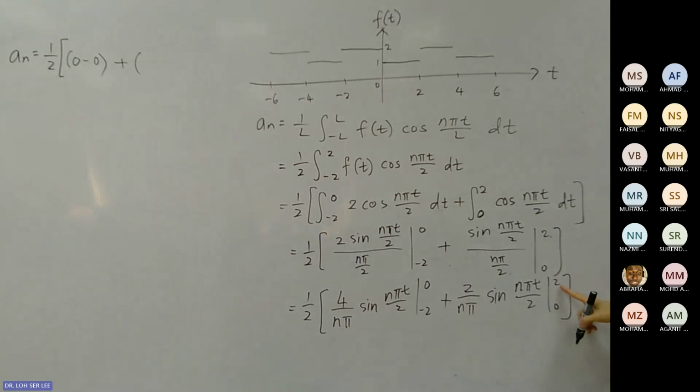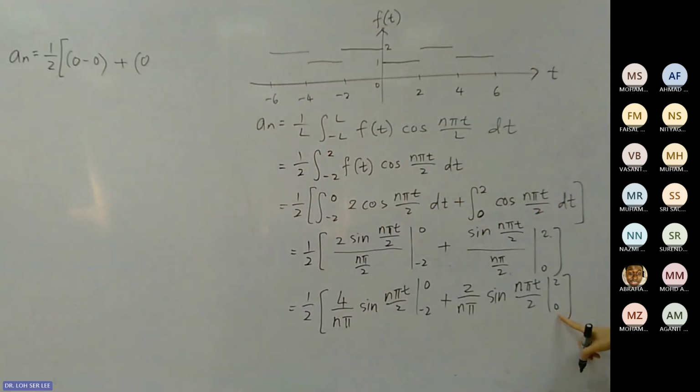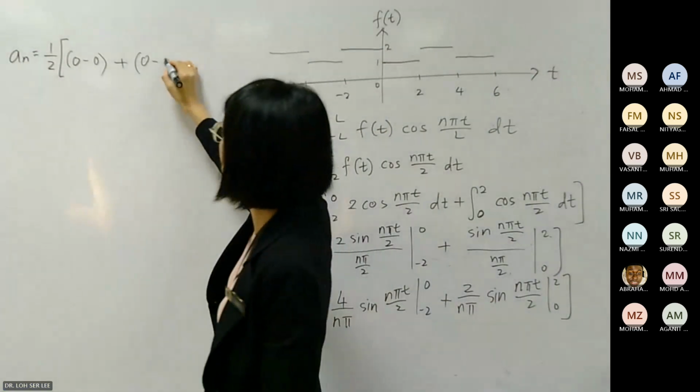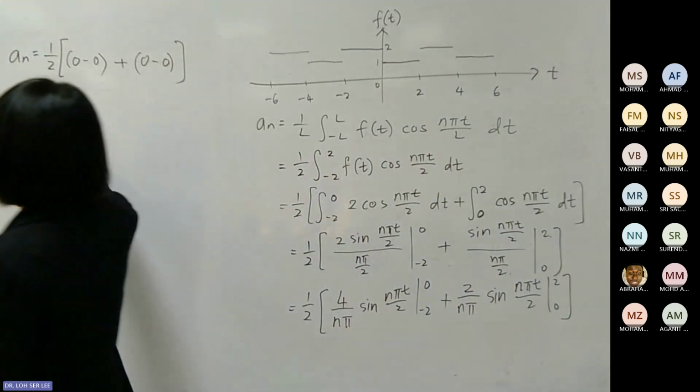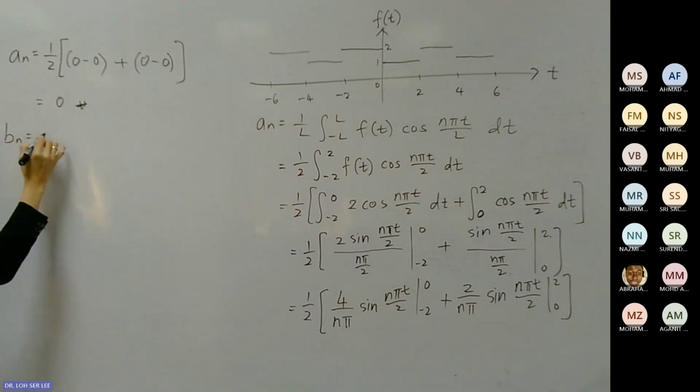Okay, this one. 2, we put into this t, cancel out the 2, sine n pi is 0. Then when this 0 we put into this t, sine 0 is also 0. So your A n is 0. Okay, then B n.